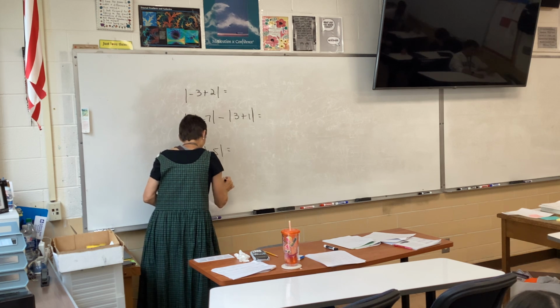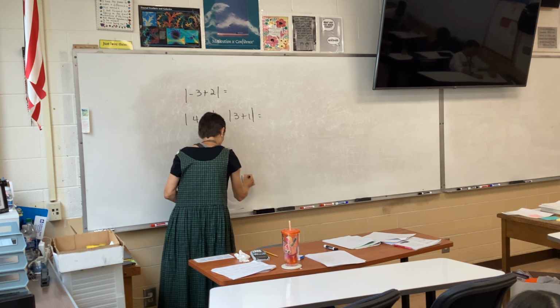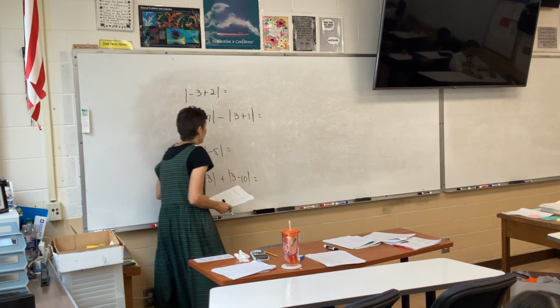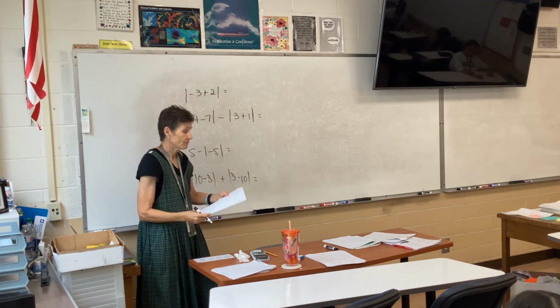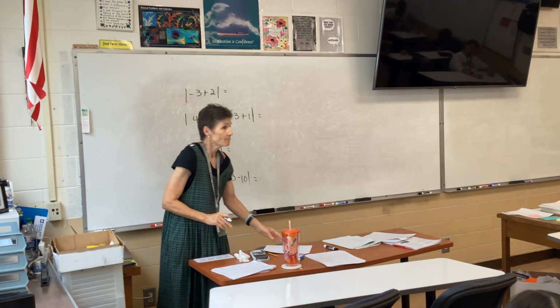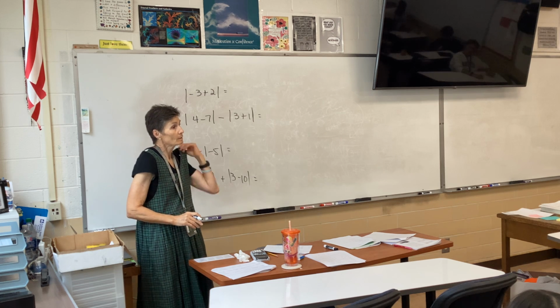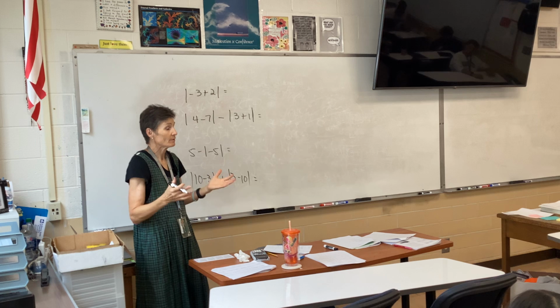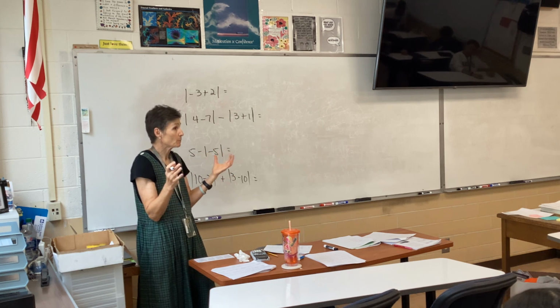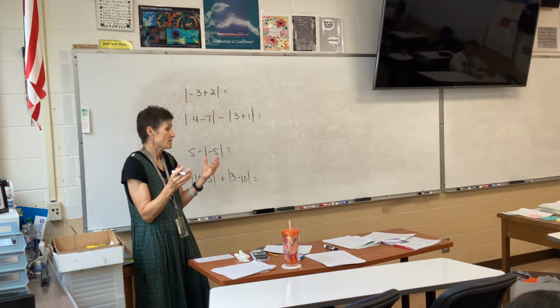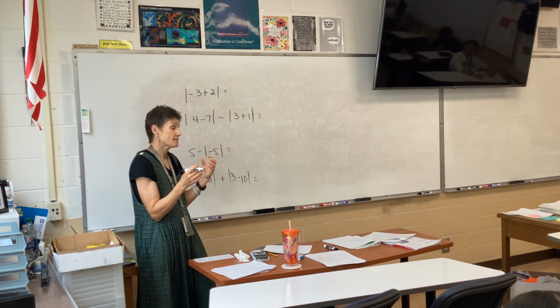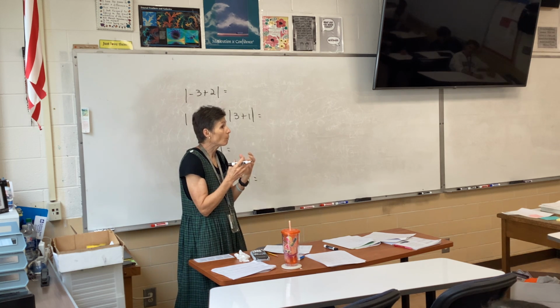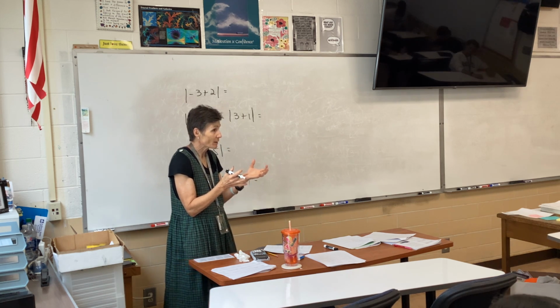You should be able to figure these out. What do you remember about absolute value? Jacob? Absolute value is how far away it is from 0. Very good. That is the definition. Very, very good. How far? So if you have a number line, the absolute value of a number is how far it is from 0. And because it's a distance, it will always be positive, right?